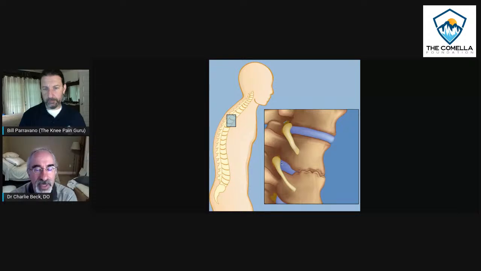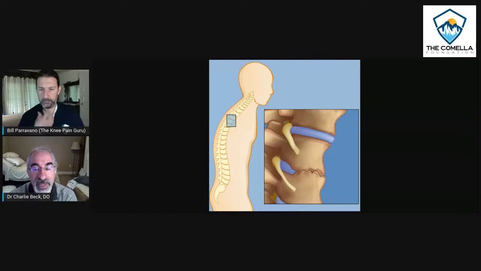The blue disc we'll call normal or mostly normal. It separates the bones of the spine. It can provide cushion, but mostly it allows movement.